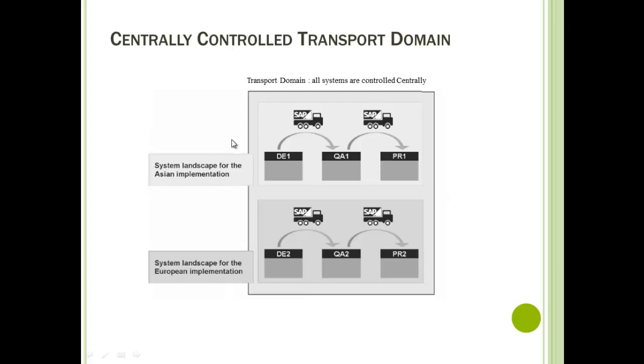A transport domain consists of many SAP systems which can be managed centrally. Within the transport domain, all SAP systems should have a unique SID. In your network, you can have SAP systems with the same SID. However, in the transport domain, you cannot have the same SID. It should be a unique SID.